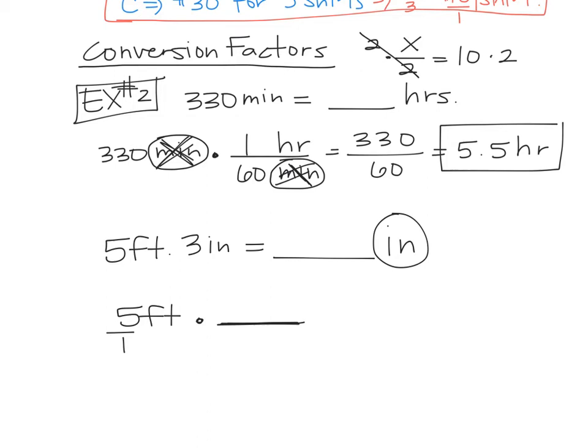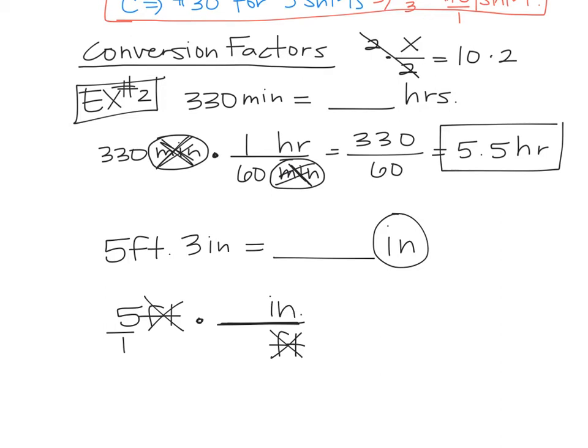Okay, so now here's what we have to figure out. We want to cancel our feet out. Where are the feet going to go? Top or bottom? On your ankles. Not on the top. We want to cancel it, right? Remember when we're canceling numbers, 1 on top, 1 on bottom, and we said the 5's on top right now. So you're going to put feet on bottom to cancel it out, and inches on top.